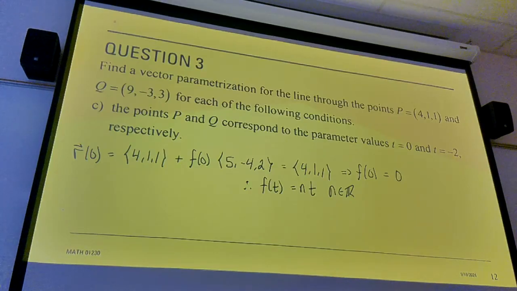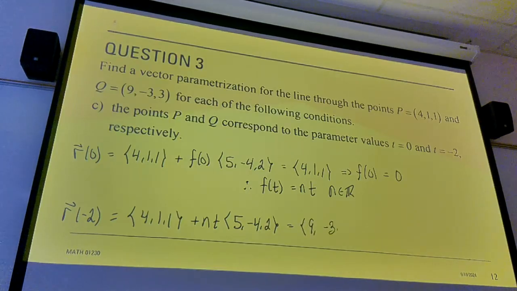R of negative 2 has to equal... I'm sorry, that's not n times t, is it? Negative 2n.